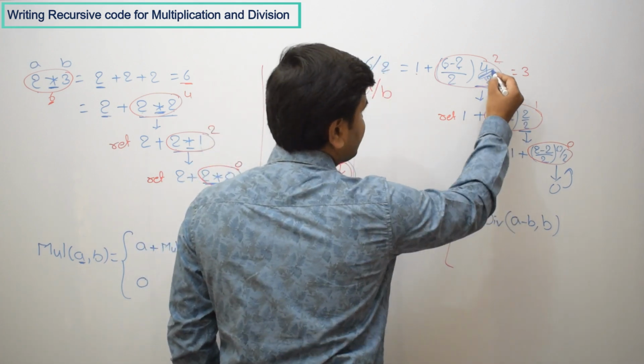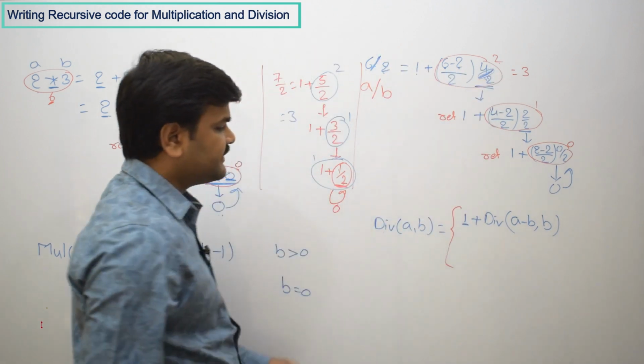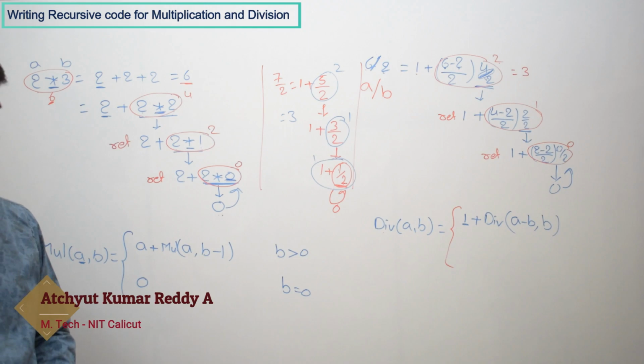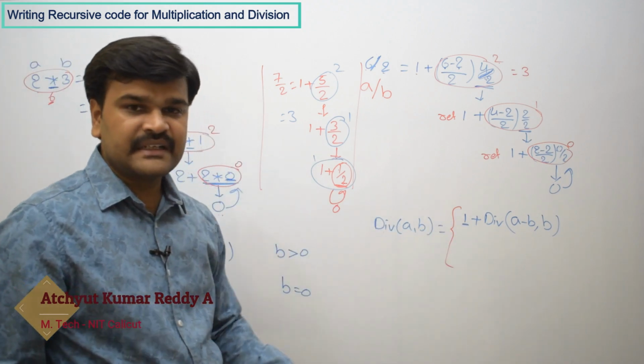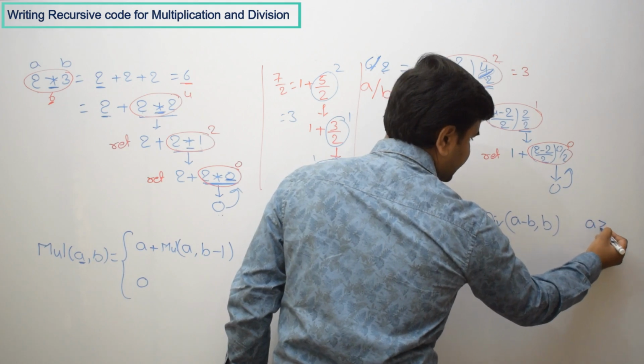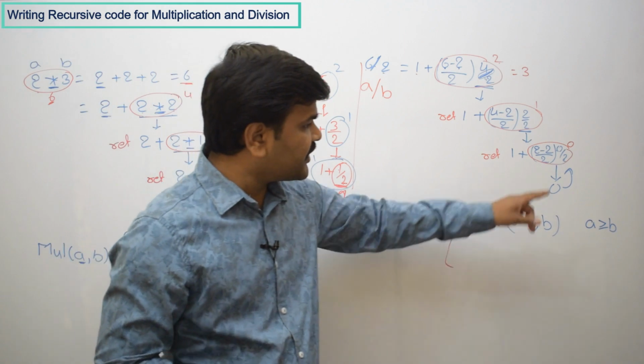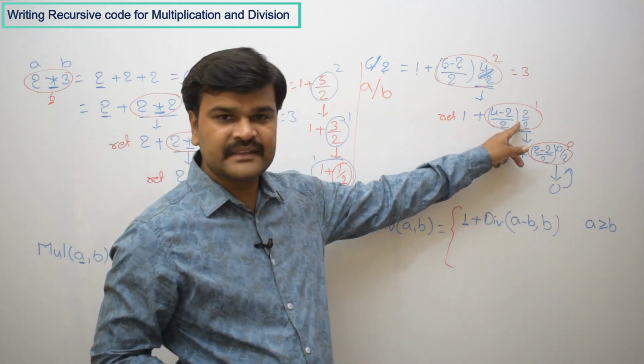So here the same function you are calling, whatever function operation here, same operation, that means the same function we are going to call. And when you are doing this, whenever the A value is greater than or equal to B, even equal is no problem, you can remove one time, right?